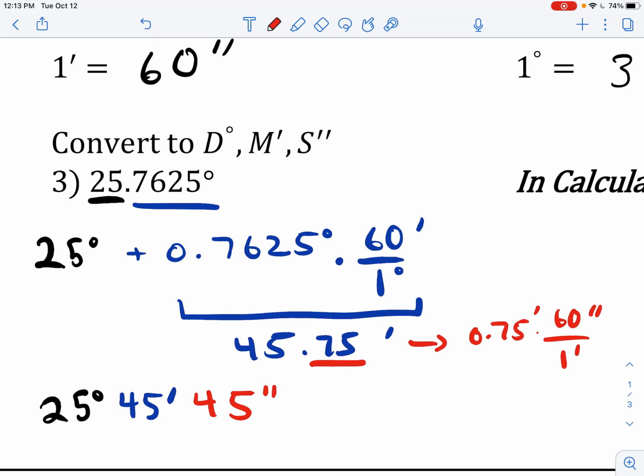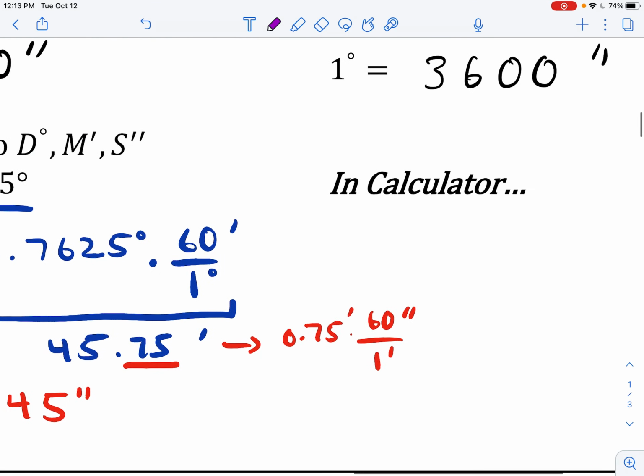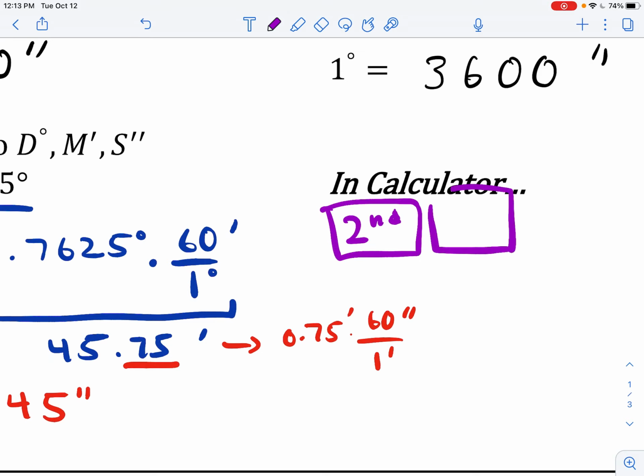There's also a way to do this in your graphing calculator, and it's hard for me to explain over this video. But if you hit second on your graphing calculator, and then hit the apps button, let me actually write it out. Those of you who have a graphing calculator, you can hit the second button, then the apps button.